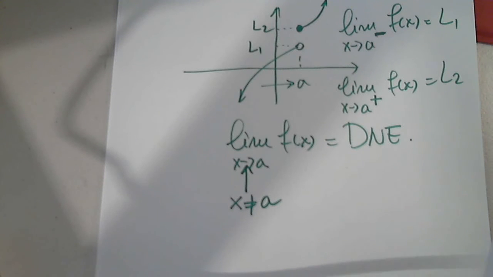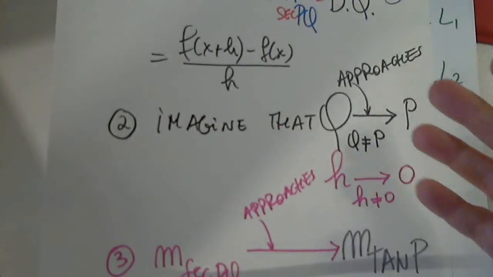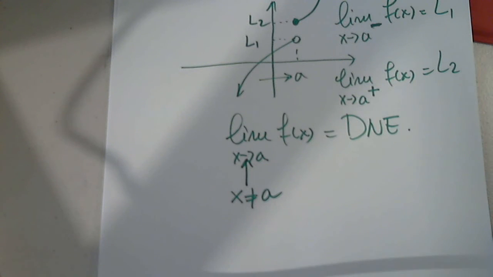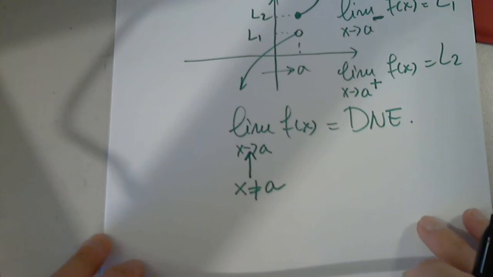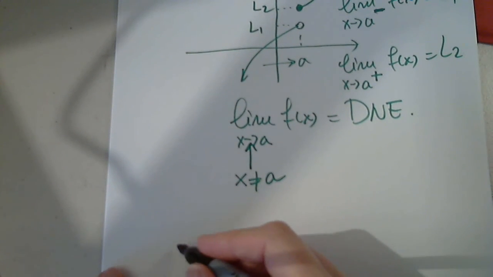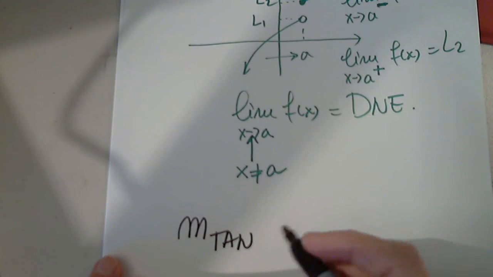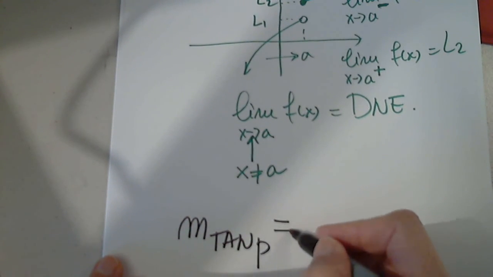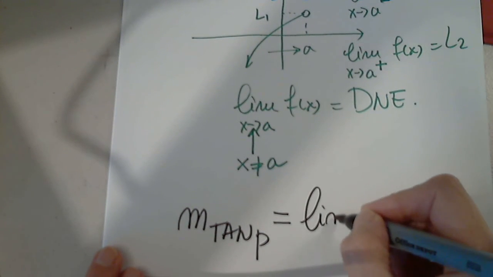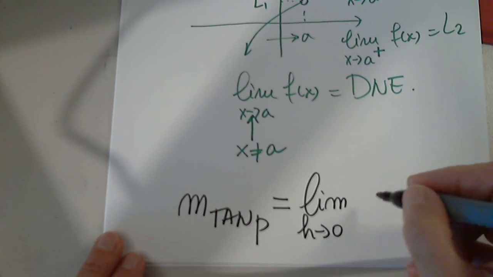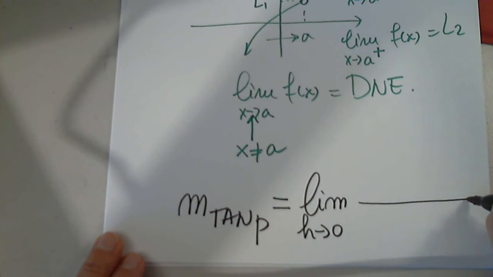Okay, finally, I can go back and finalize what I didn't on this page. So what does this mean? And we're going to come back to it a lot. It means that the slope of the tangent line at P equals the limit as h approaches 0 of the difference quotient.